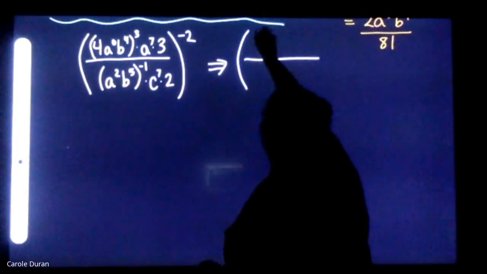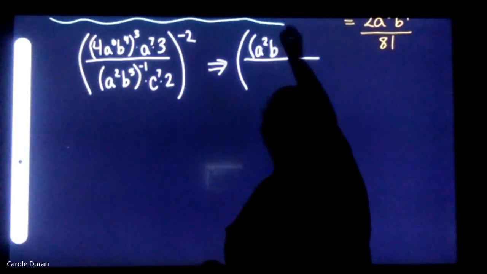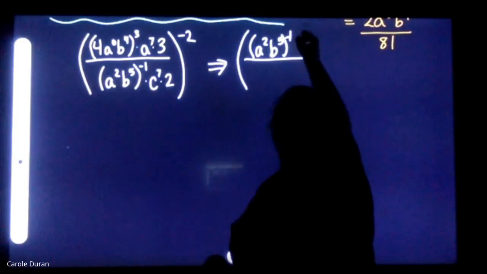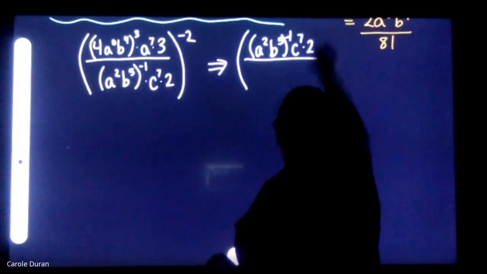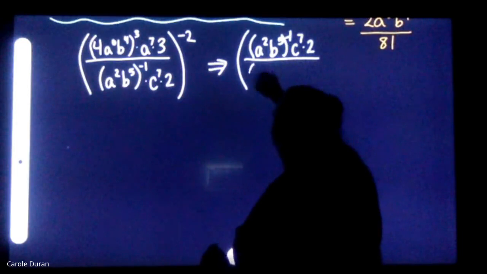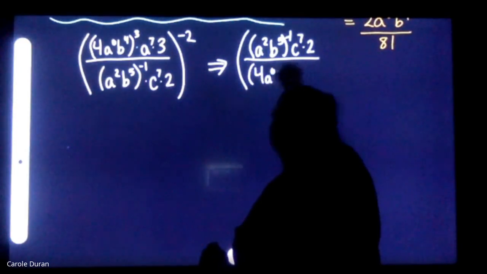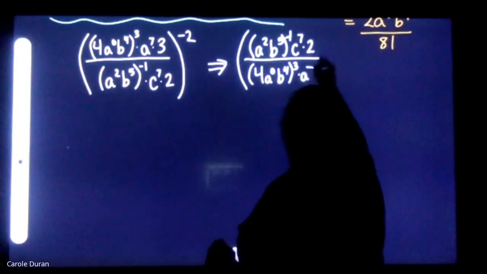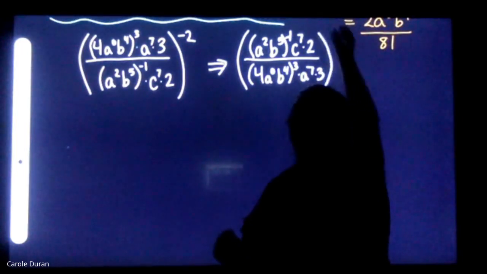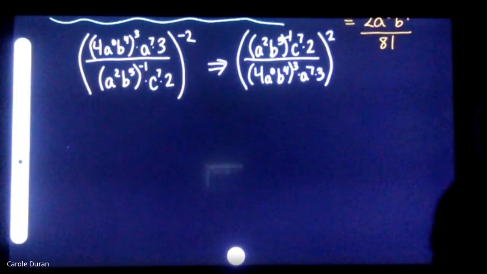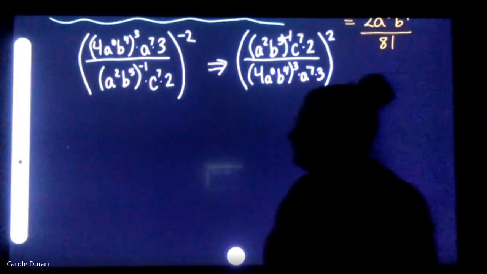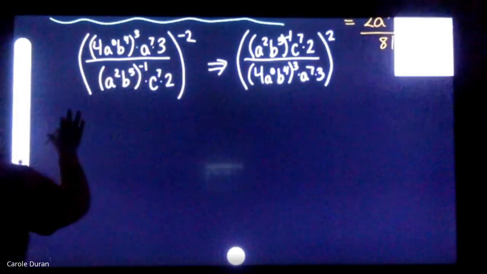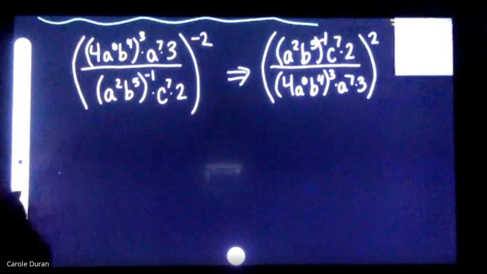So now I'm going to have a squared b^5 to the -1 times c^7 times 2 in my numerator. And I'm going to have 4a^0 b^4 cubed times a^7 times 3 in my denominator. And now it's all raised to the +2 power, because I flipped it all over, which got rid of the negative portion.